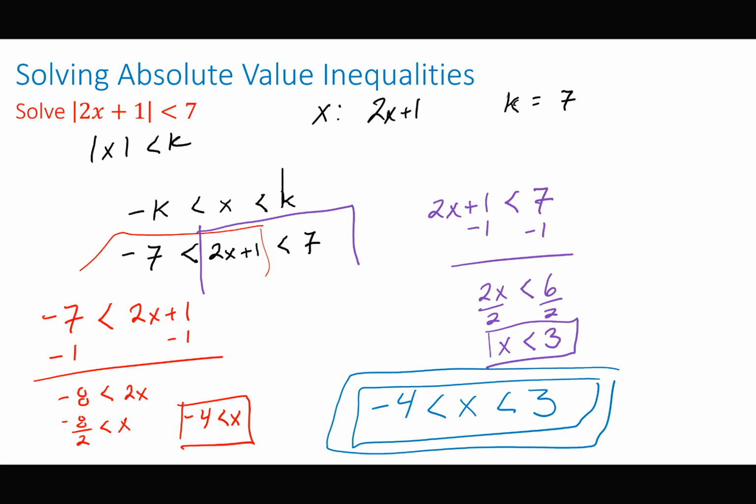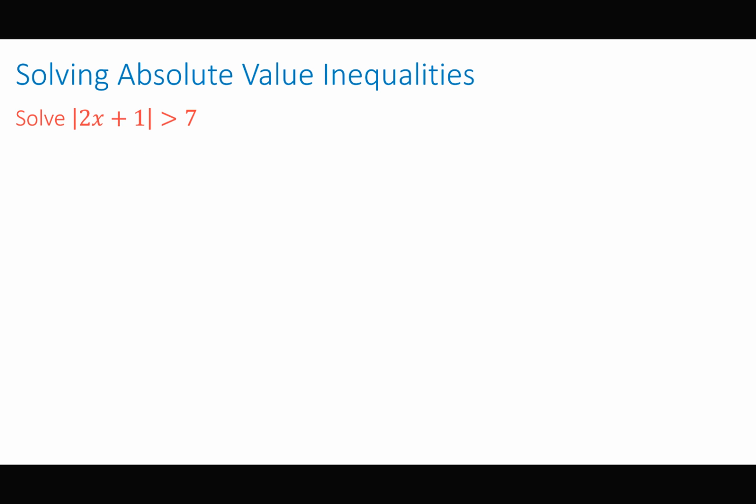Okay, but this stuff here in black, this is the setup. We have to know this relationship to be able to create our compound inequality, split those into 2, and solve. Okay, let's do it the other way. So now, absolute value of 2x plus 1 is greater than 7. So now I can think of this, well, this is really absolute value of x greater than k.